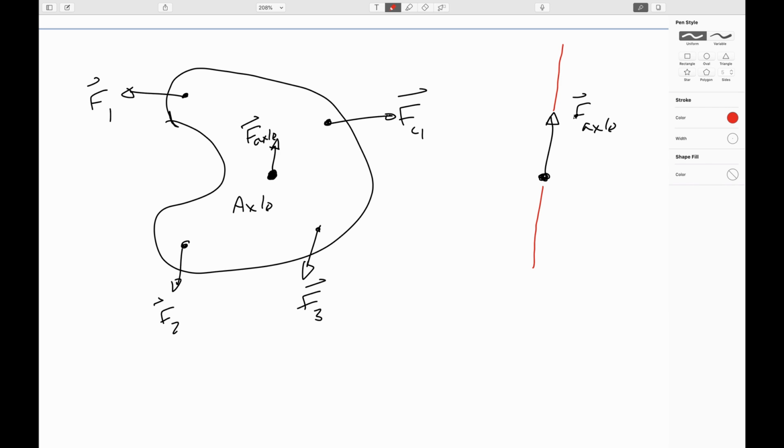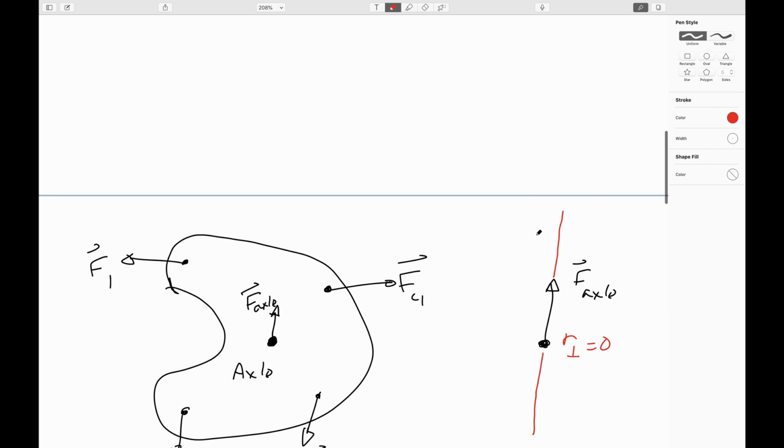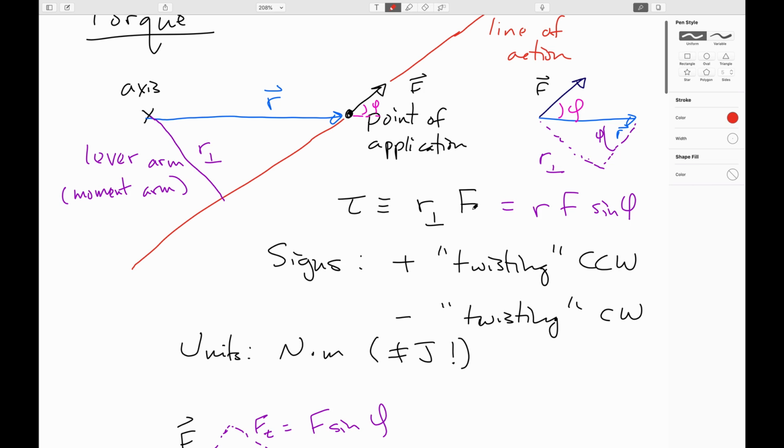So when I draw the line of action, what I see is that the lever arm is 0. So another way we can think about the lever arm, if it's helpful, is the lever arm can also be thought of as the shortest possible distance from the axis to the line of action, whatever that is.